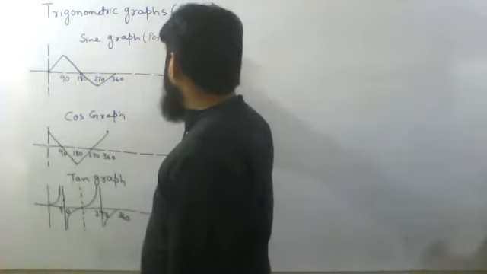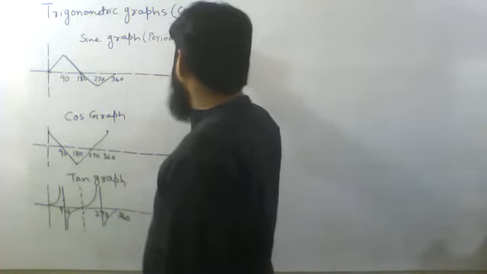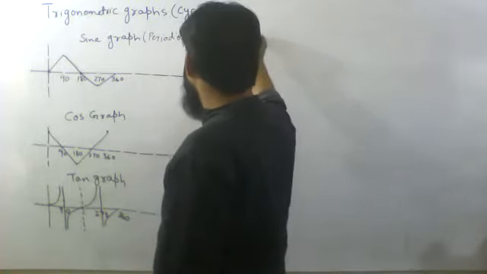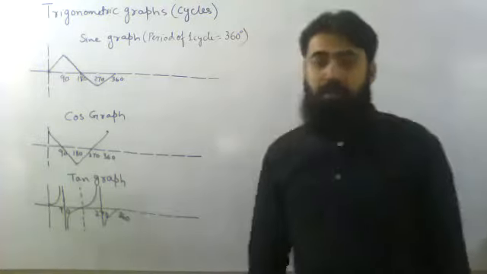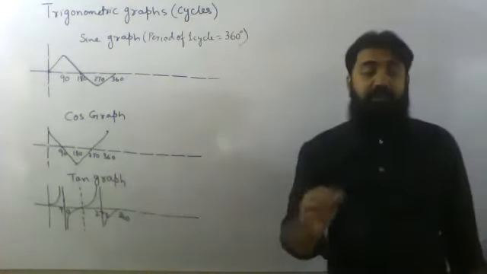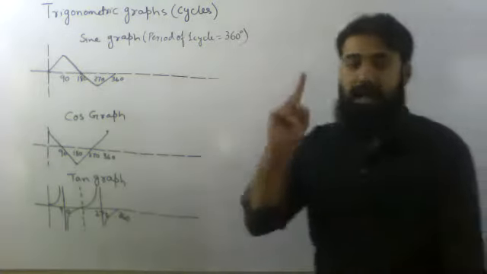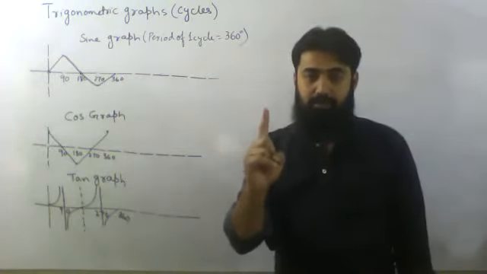period of one cycle equals 360 degrees. It means between a difference of 360 degrees, sine will always have one cycle.